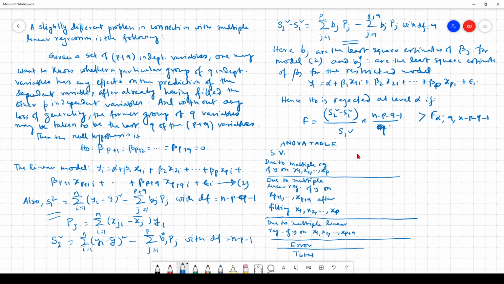And degrees of freedom: it is p, this is q, this is p plus q, this is n minus p minus q minus 1, and this is n minus 1.